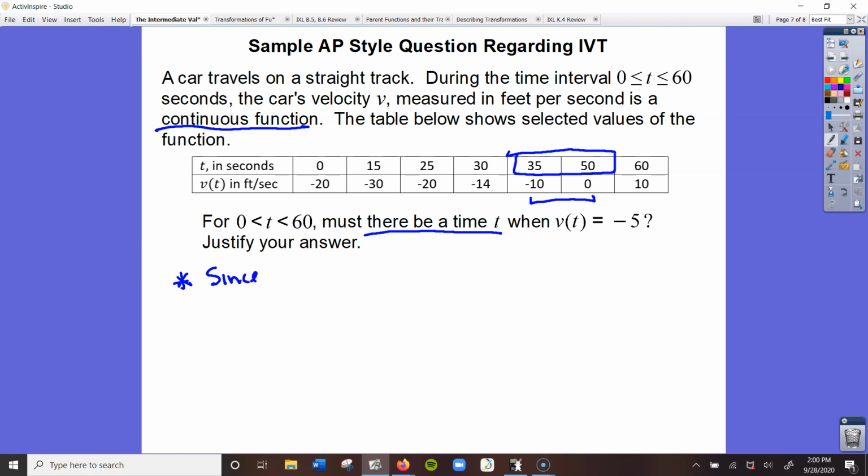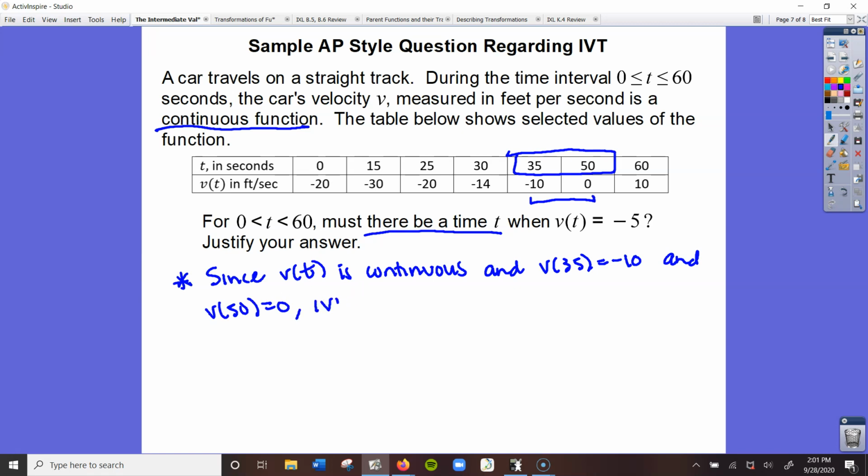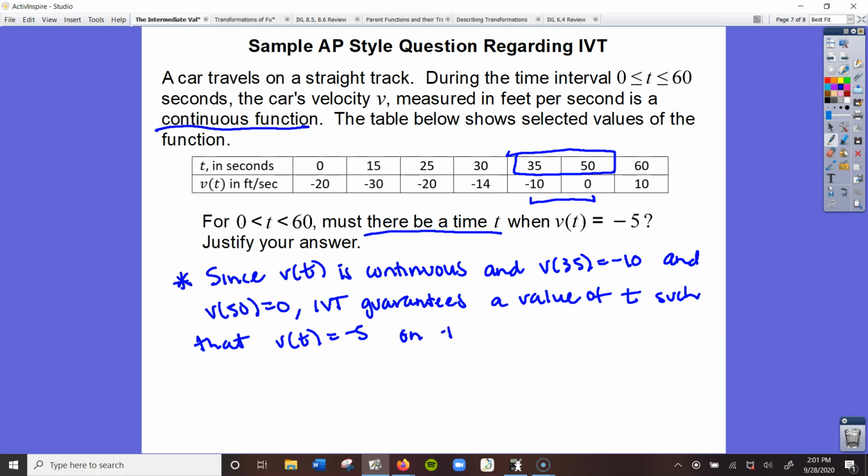So I would say, since v of t is continuous, because that's always our first condition, is our function continuous, and v of 35 is equal to -10, and v of 50 is equal to 0, IVT guarantees a value of t such that v of t is equal to -5 on the interval 35 to 50. And that would be our answer, between 35 and 50.